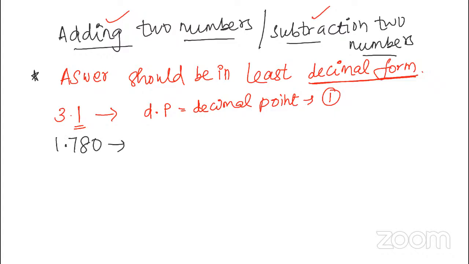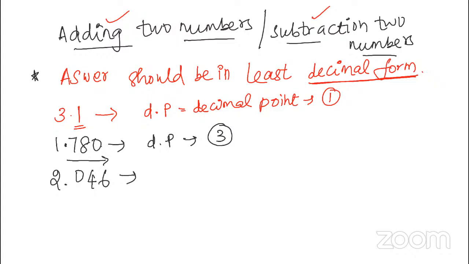Counting after the decimal point: 1, 2, 3. Here, how many decimal places are there? That is 3. Then one more, 2.046.